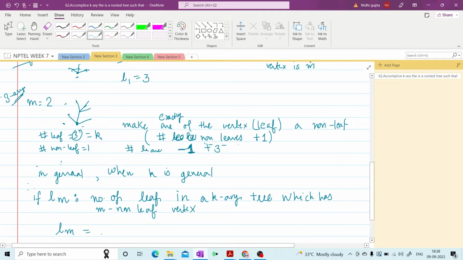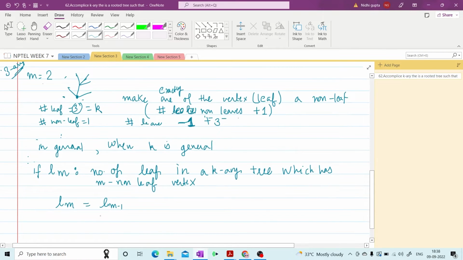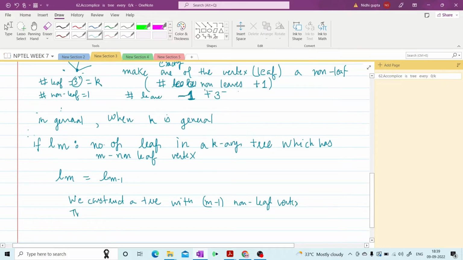First we construct a tree with m minus 1 non-leaf vertices. This will give us L m minus 1 leaves.